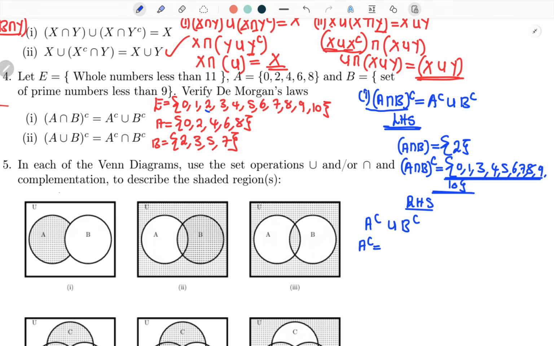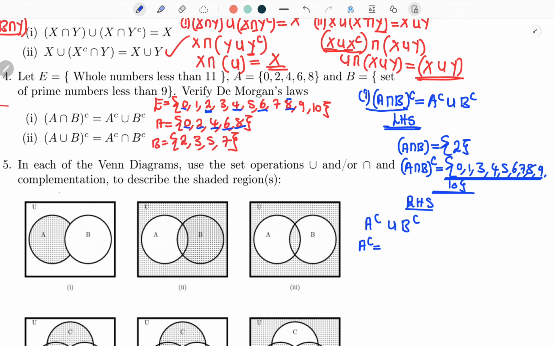So I'm going to label all A. This 0 is A, this 2 is A, this 4 is A, this 6 is A, this 8 is A.